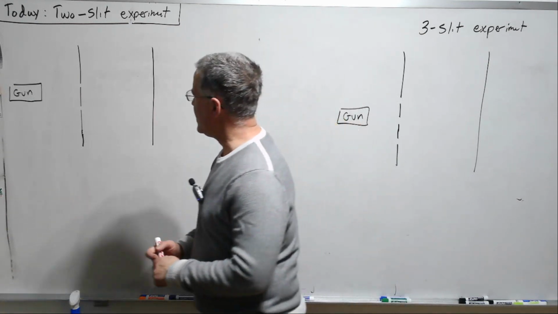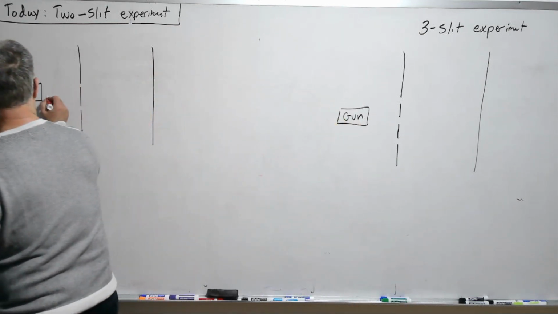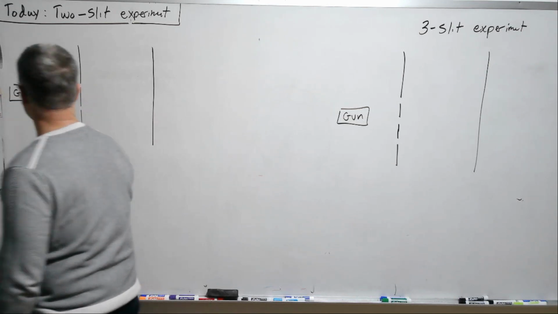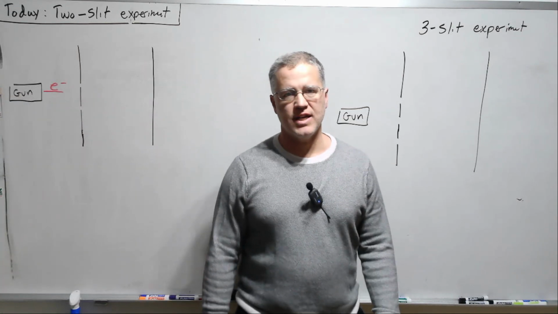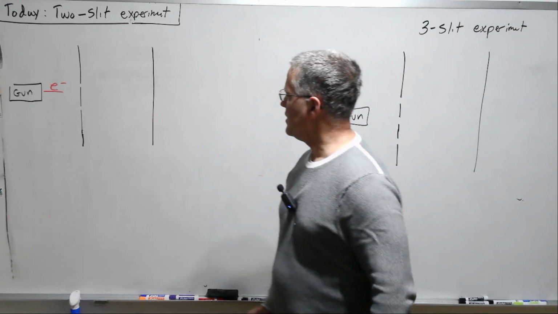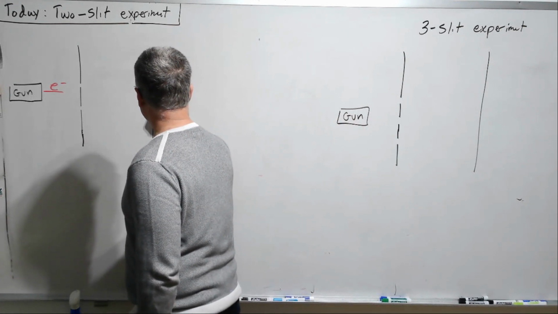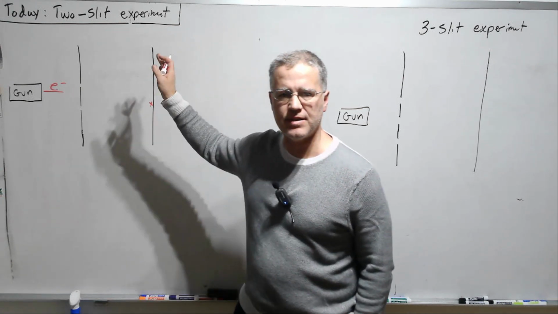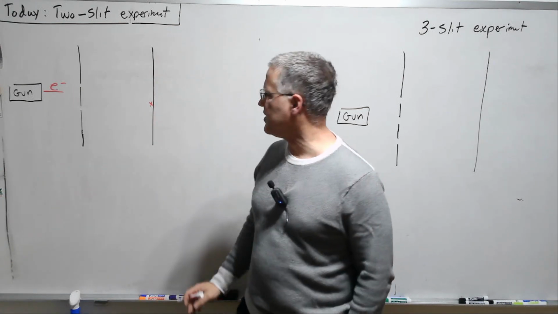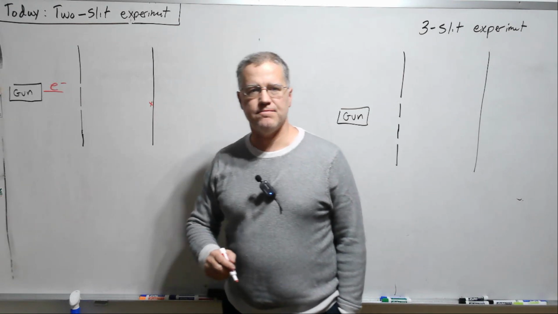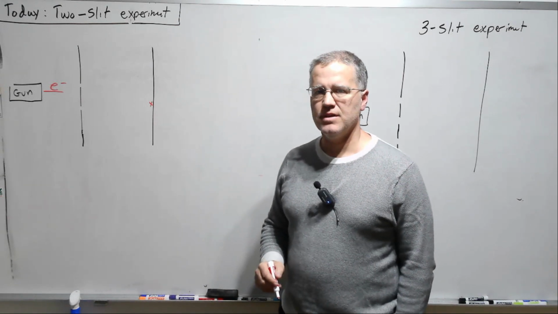So let's imagine here we've got this electron gun that will fire one electron at a time. Okay. So we fire one electron and we get a little hit over here on, say, some kind of phosphorus screen or something. And we record that hit, that position.